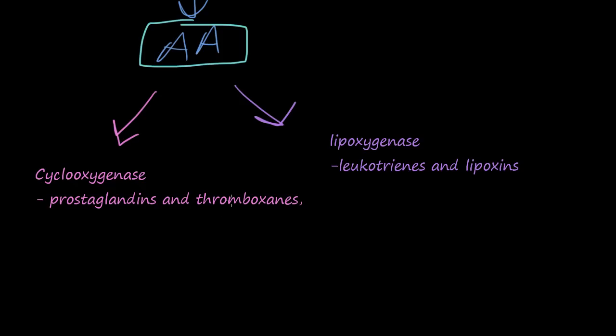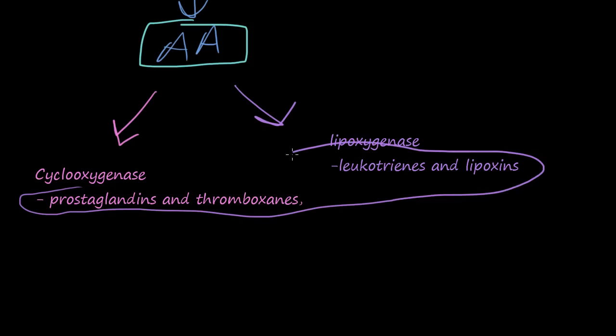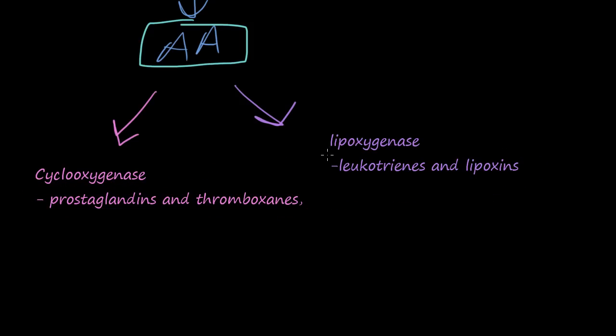These are the four main metabolites, if you will, of arachidonic acid. Now, cyclooxygenase and lipoxygenase are two enzymes.